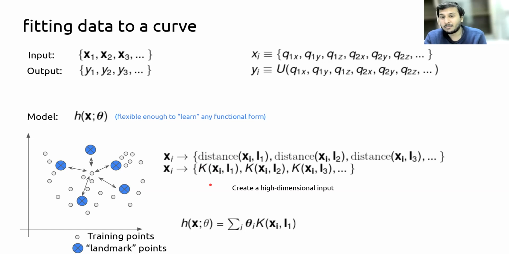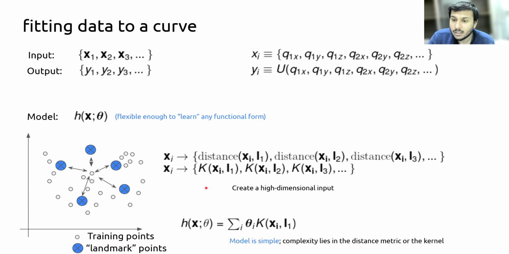And in this high dimension, if your kernel has sufficient complexity, you can show that all you need to do is perform a linear regression over these abstract sets of processed inputs, right? So it's slightly different from the previous case where we had a really complicated model. In this case, our overall model is extremely simple. It's a linear model, but the complexity lies in how you process your data.